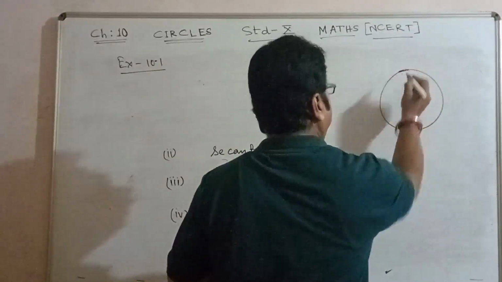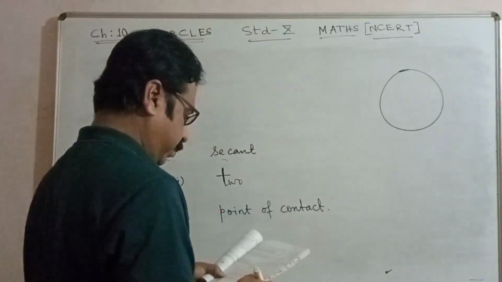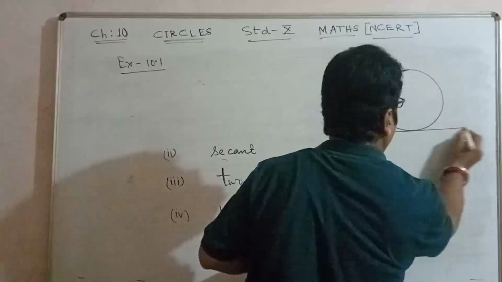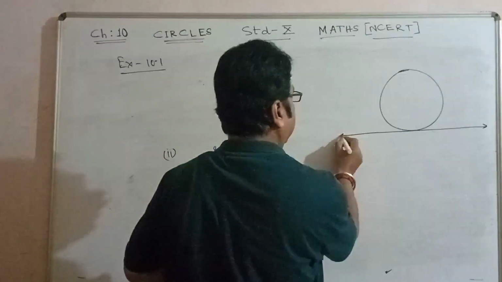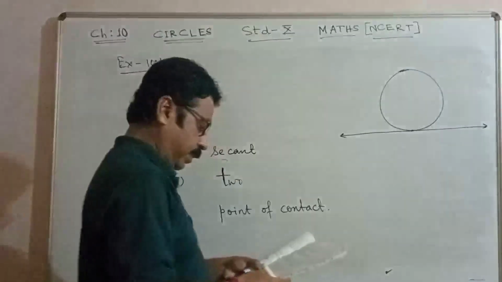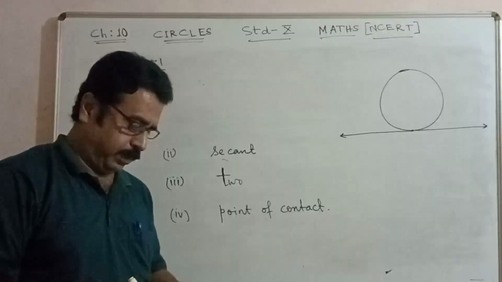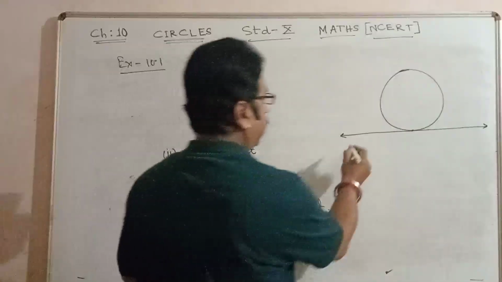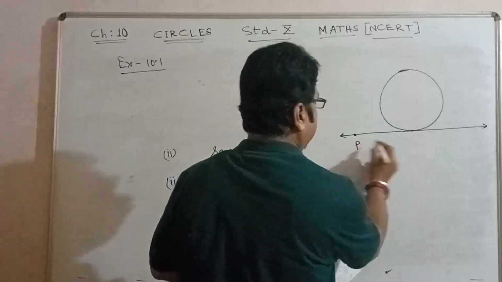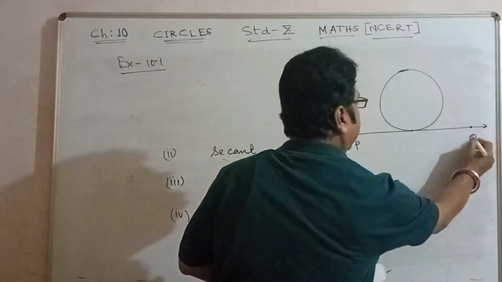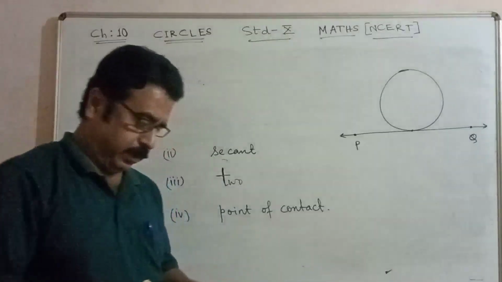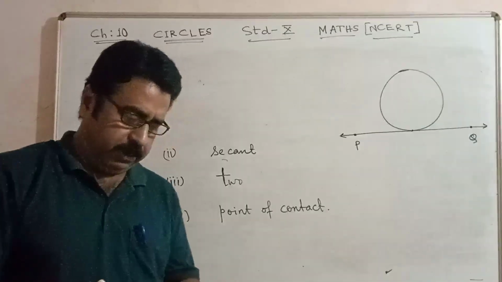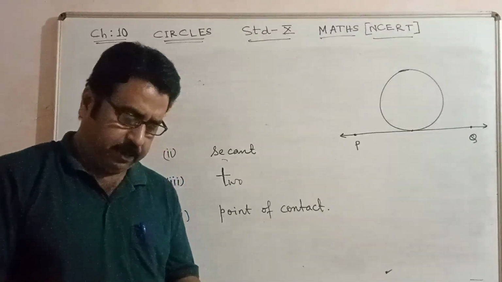This is a circle. Tangent is PQ. A tangent PQ at a point P of a circle.